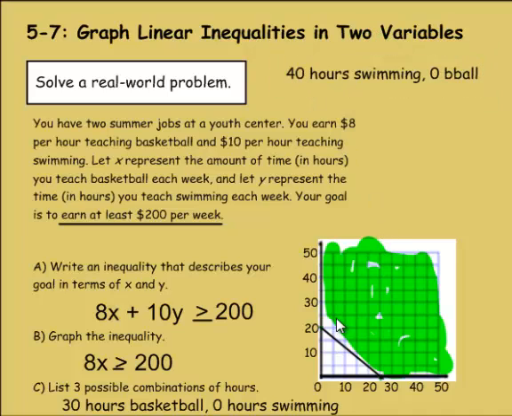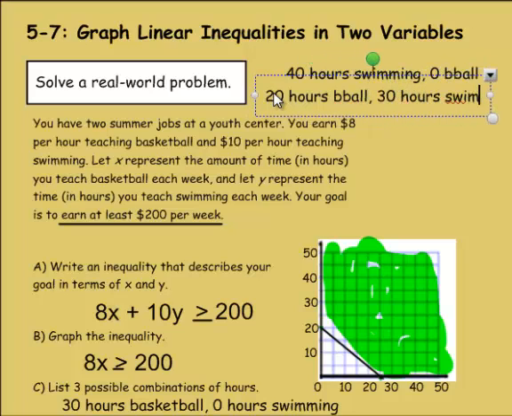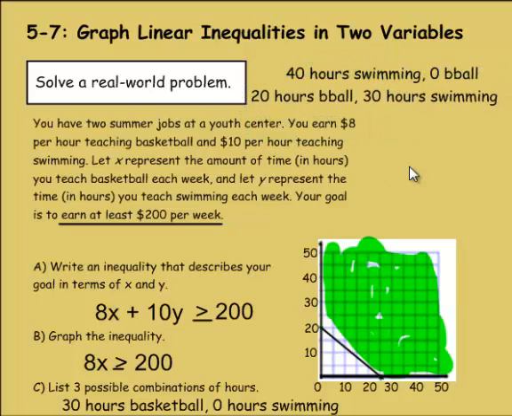And I could do something in the middle here. I could do 20 hours of basketball and 30 hours of swimming and make a lot of money. So 20 hours b-ball, 30 hours swimming. And there's many other combinations I could use. Anything on this grid, anywhere in the green, I could plot a point and then find out all those hours to make me more than $200 a week.